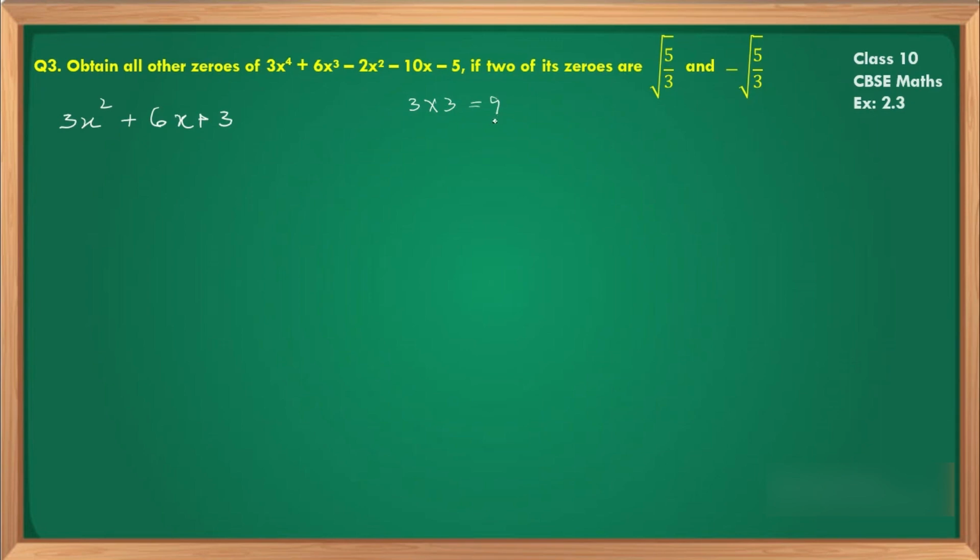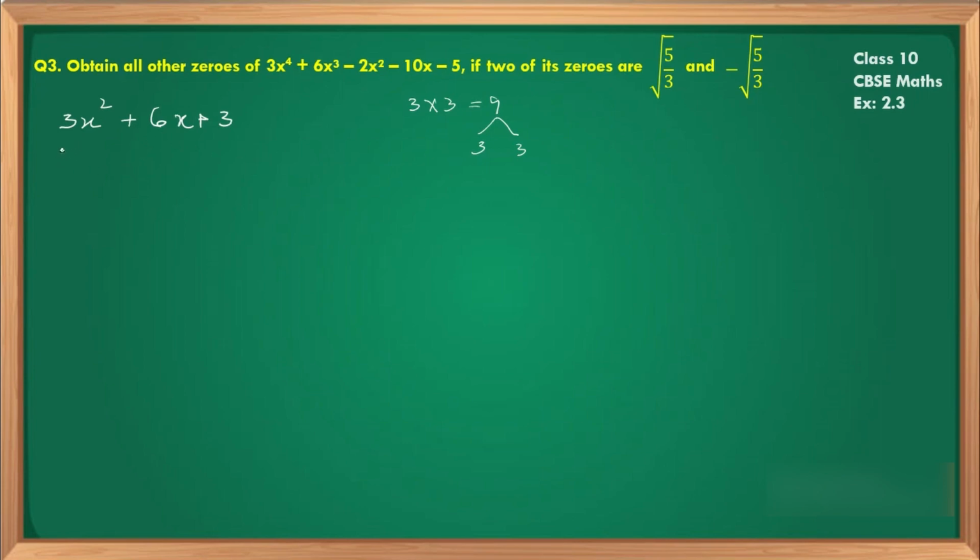Now this 9 we have to split in such a way. Take two factors. Again it is 3 into 3. By adding 3 and 3 you must get 6, and by multiplying you must get 9. So our choice is 3x and 3x.